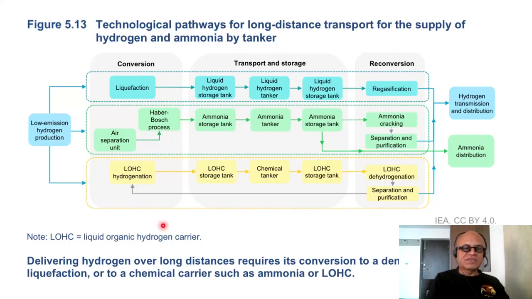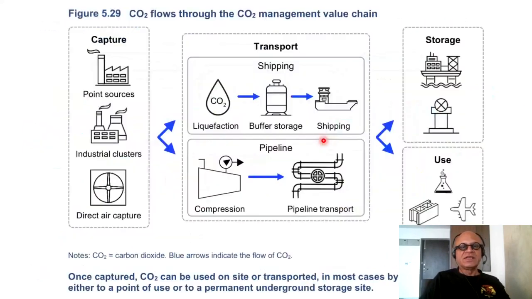I won't go into the details, but delivering hydrogen over long distances requires its conversion to a denser form through liquefaction or to a chemical carrier such as ammonia or LOHC. So conversion, transport and storage, reconversion, and use at the end. Life cycle analysis and so on are needed to make sure that this still remains viable.